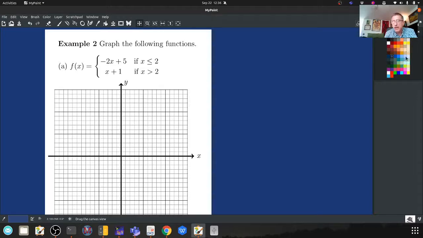So the first thing I suggest you do is you want to draw a line at the split. The split of the domain happens at x equals 2. So you draw a vertical line at x equals 2. Doesn't have to be anything special, but that's the first step.